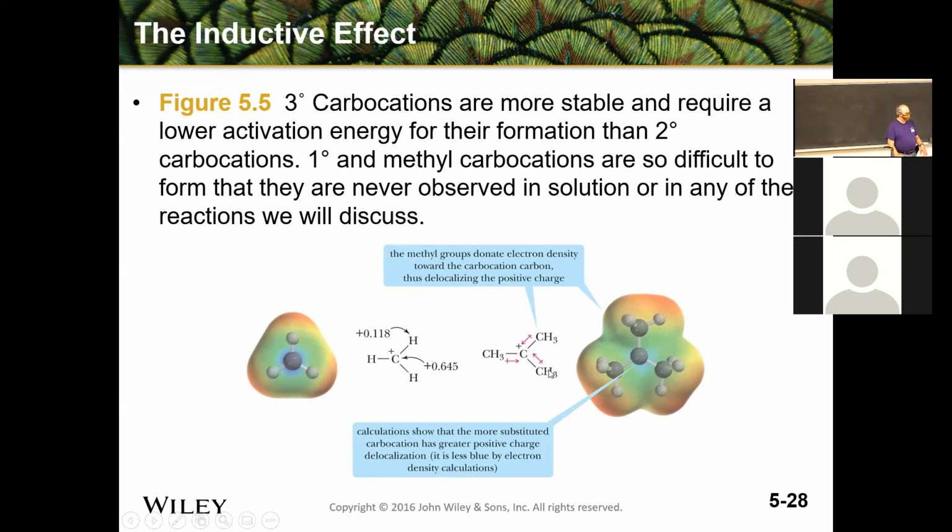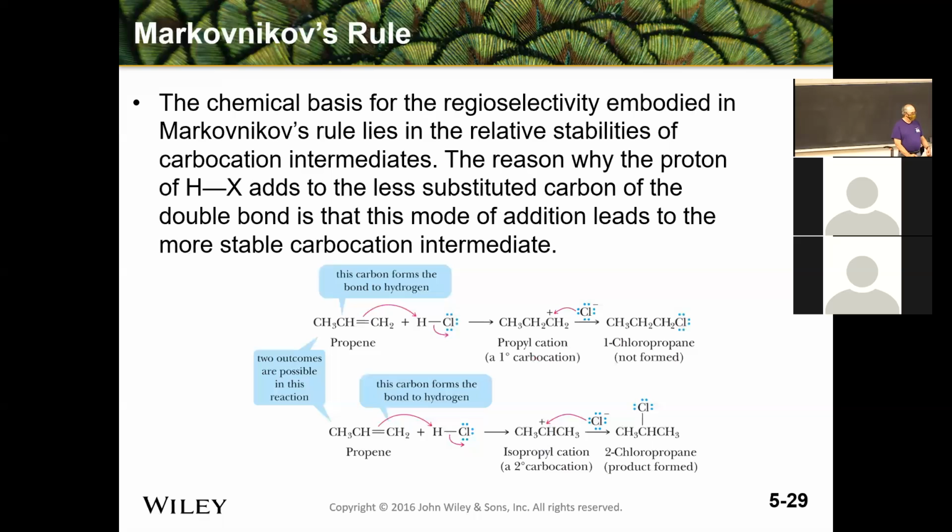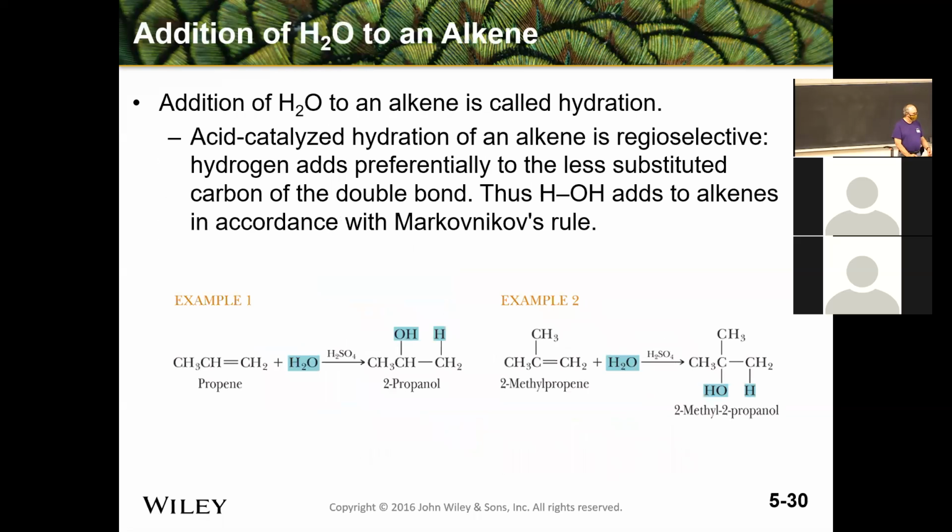These methyl groups are pushing electrons toward that electron deficient center. And the more alkyl groups or R groups you have, the better they are at stabilizing that electron deficient carbon. So anytime you can spread out a charge, that lowers the energy, that renders it more stable.